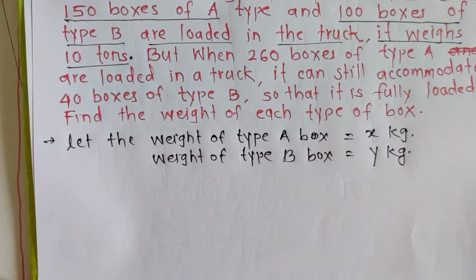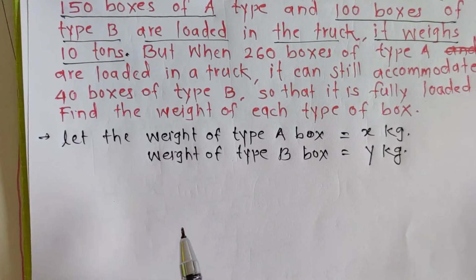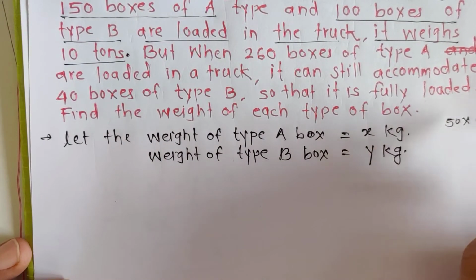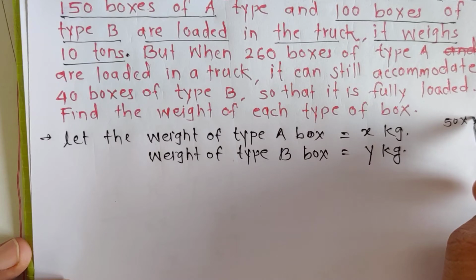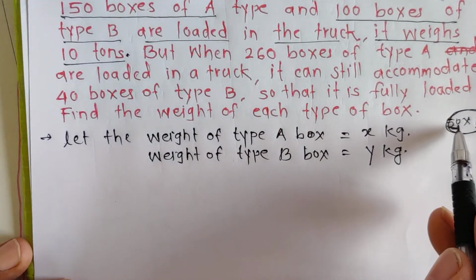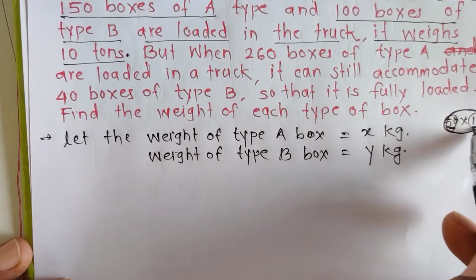Now you know, suppose weight of A box is 10 kg. If we take 50 boxes, then how will we calculate the total weight? Number of boxes multiplied by weight of one box. So if the weight of one box is 10 kg and 50 boxes are there, we get the number of boxes multiplied by the weight.